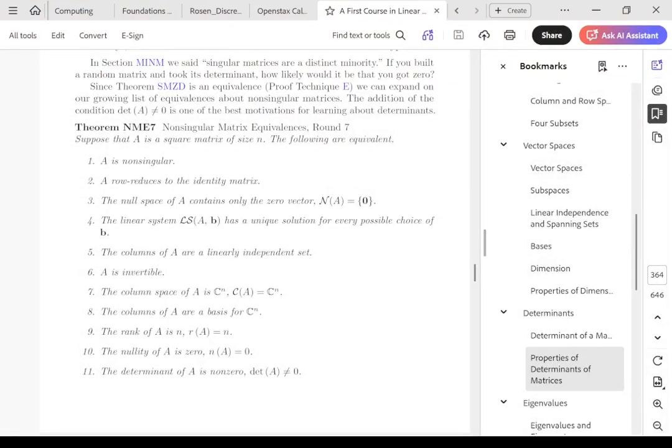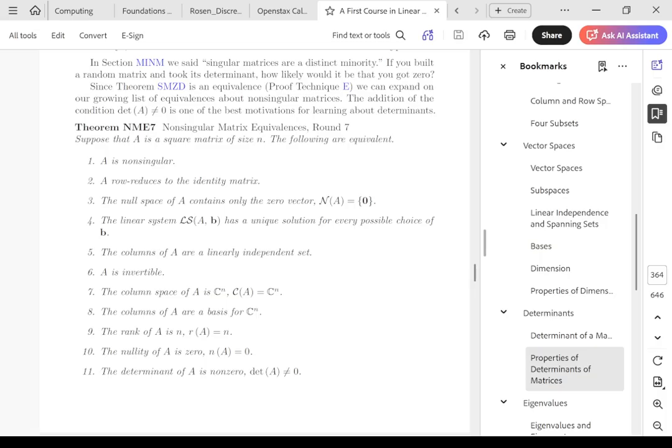Theorem NME, adding this latest condition. We left off at round 6, talking about the rank and the nullity, and we add to that that the determinant of A doesn't equal 0. So that's all equivalent. If A is non-singular, the null space is the trivial null space, the nullity is 0, the rank of A is n, and so on. Now we add another condition here.